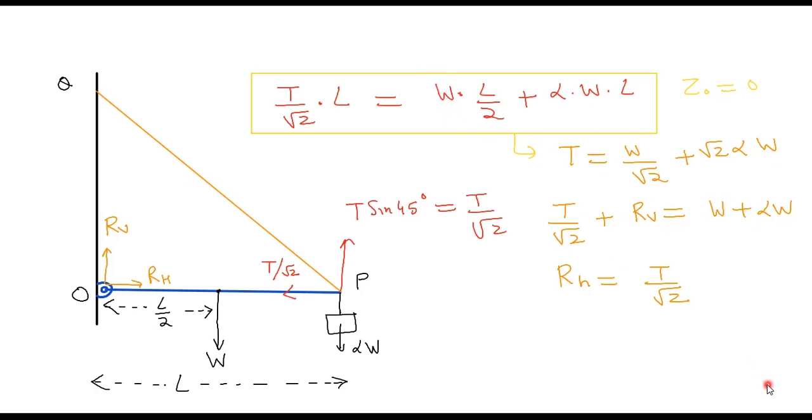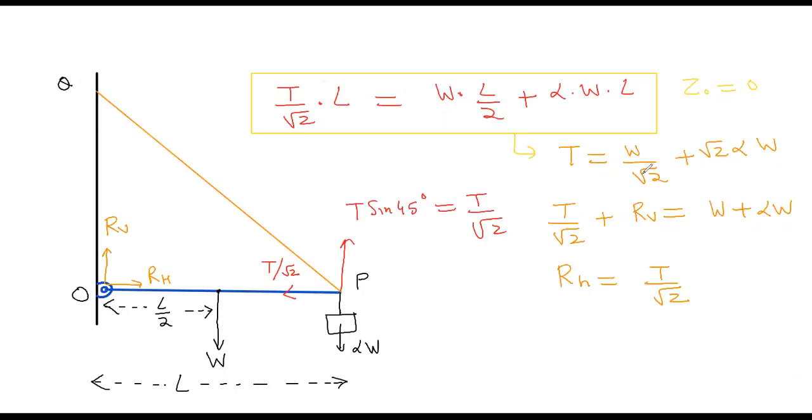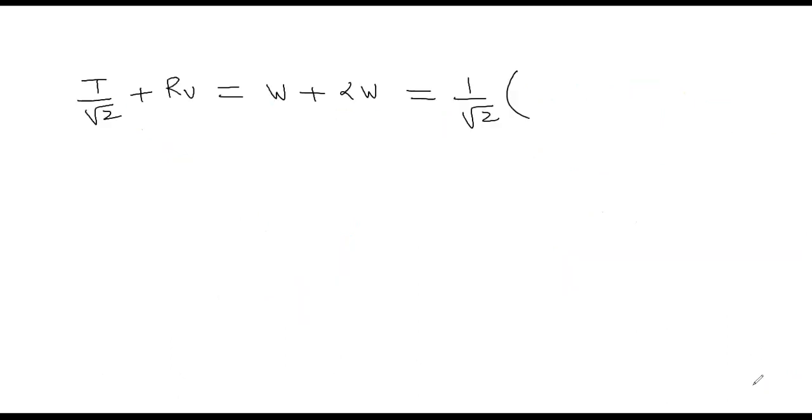So I can write T by root 2 plus RV is W plus alpha W. Now the value of T is W by root 2 plus root 2 alpha W, so T by root 2 is W by root 2 plus root 2 alpha W, plus RV. So this is the value of T.